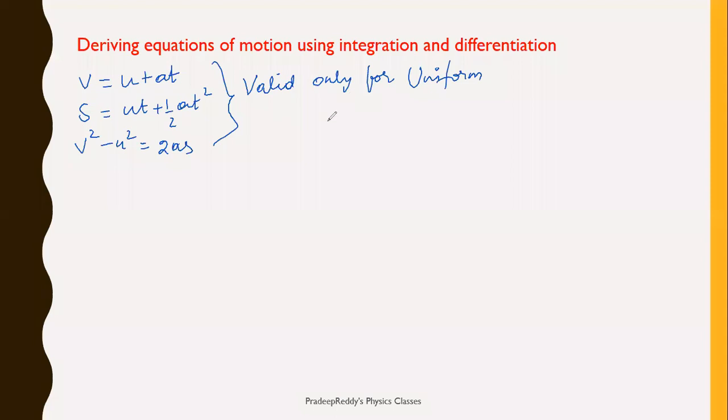That means if the body is traveling with constant acceleration, then only we can use these equations. These equations are applicable only when the body is traveling with uniform acceleration, right?